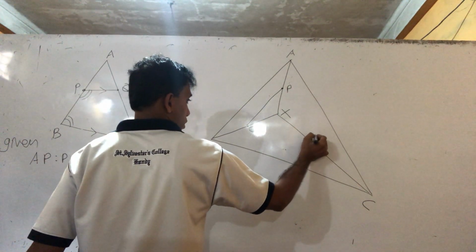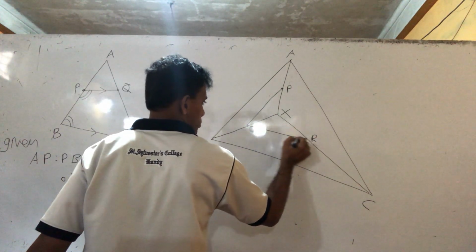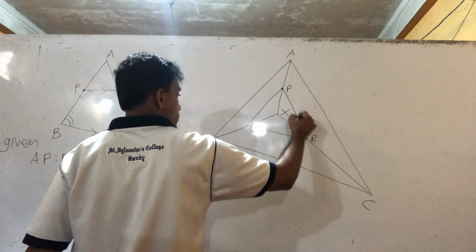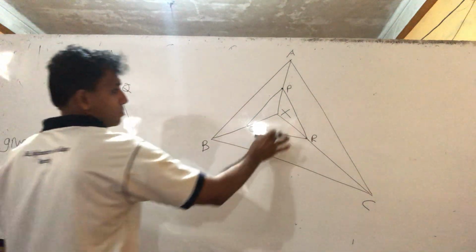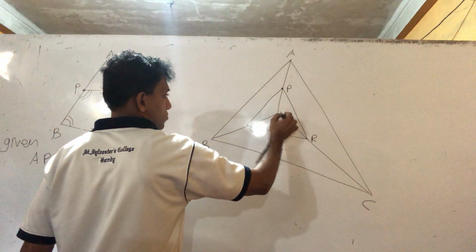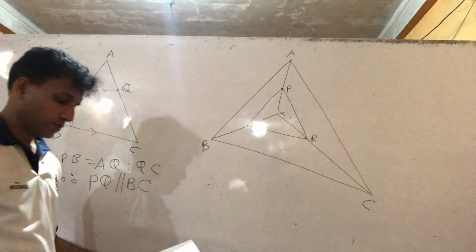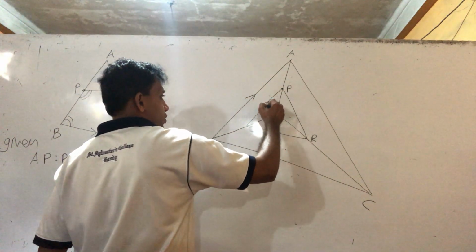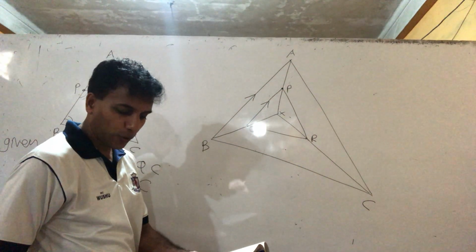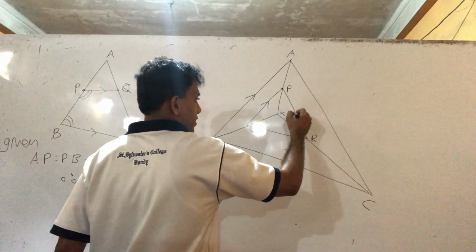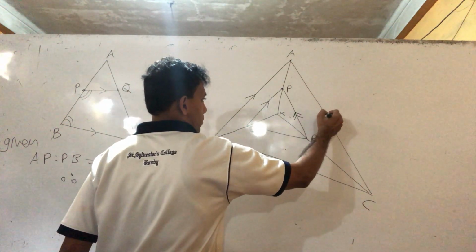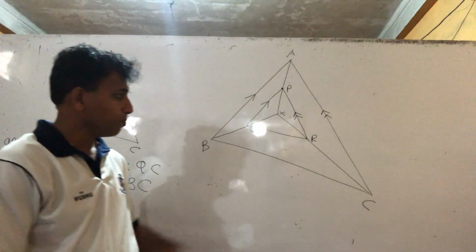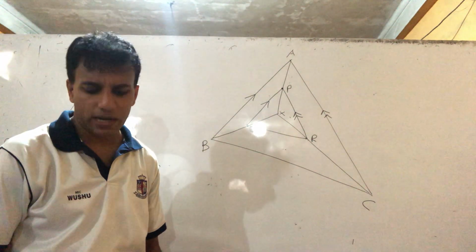Here a point R, joined. Mark these two parallel corresponding arrows, single arrows, and here different double or dark arrows. That's all. You have to show BC and QR are parallel.